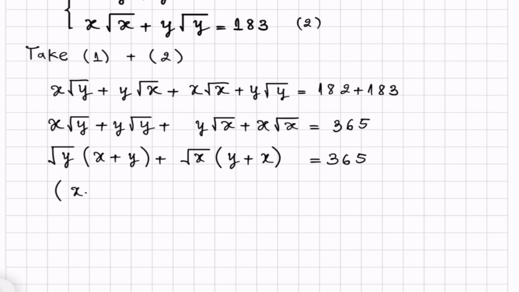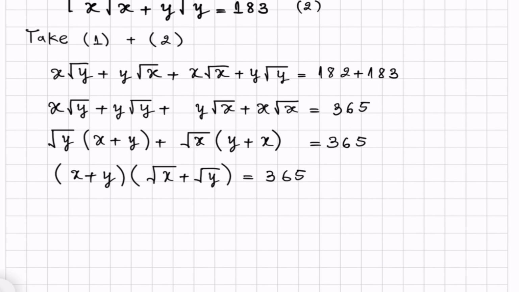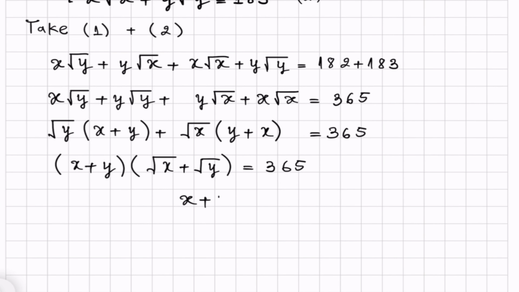And then next we are going to take x plus y in common, and then we will get square root of x plus square root of y, equal to 365. And our goal is to find the value of x plus y.